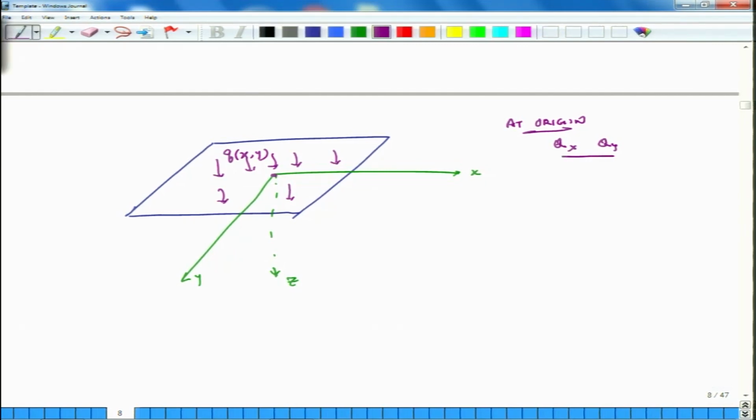So, at origin if we have qx and qy, then on this surface, again this is delta x and this is delta y, here I have qx plus del qx over del x times delta x over 2, and on this side this is my other qx.